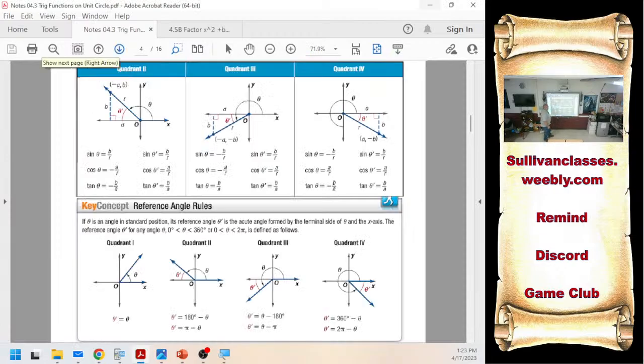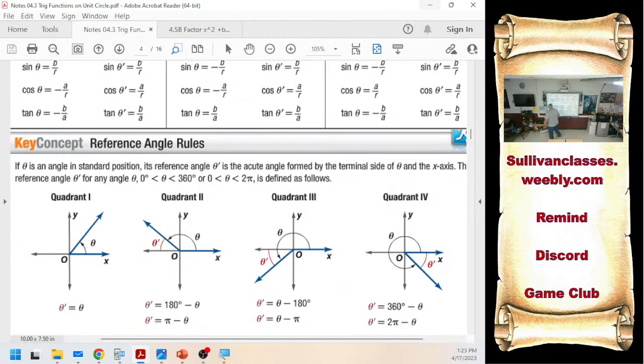So, reference angles. I talked about these at the beginning. The reference angle is always, remember the 3 things? It is always formed with the x-axis, acute, and positive.